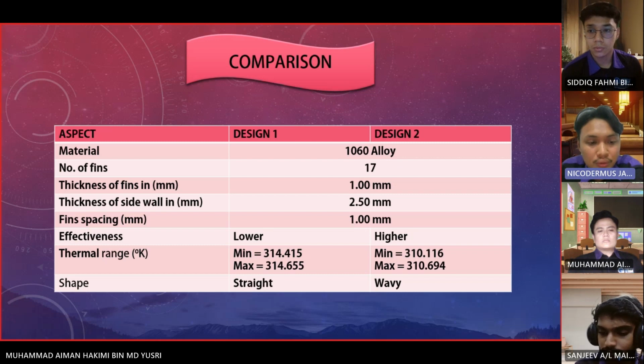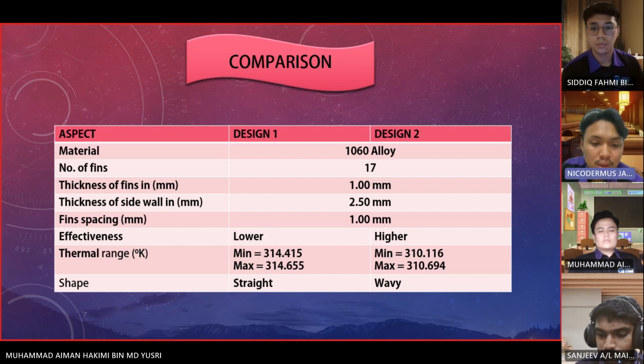And then the thickness of the fin is 1 millimeter, and the thickness of the sidewall is 2.5 millimeter. Fin spacing is 1.0 millimeter. So the effectiveness for design 1 is lower and for design 2 is higher.